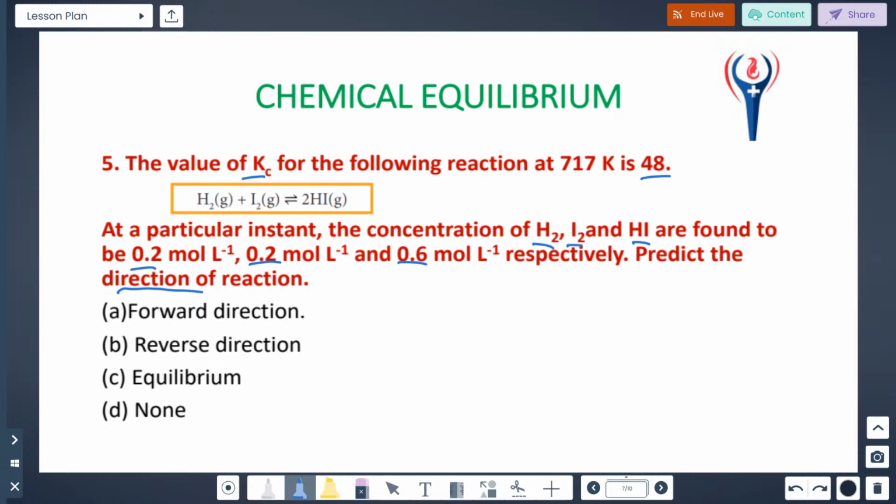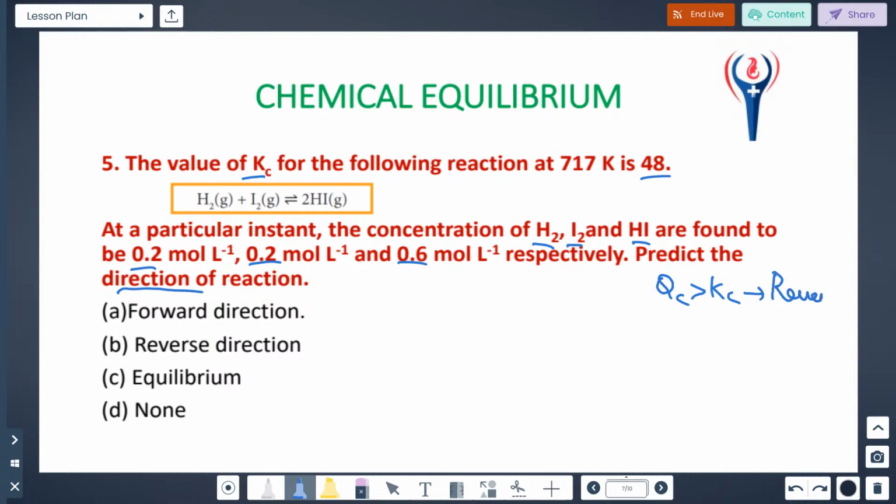How to find it? Here we have a formula. Kc is given, 48. What you must memorize: if Qc, the reaction quotient, is greater than Kc, the reverse reaction takes place.